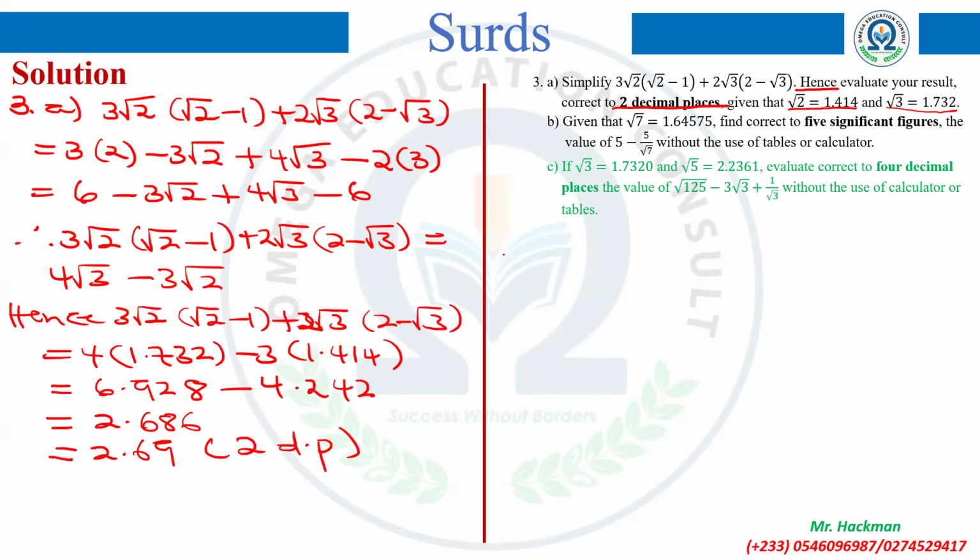So the last question, which will be the P. Once you see it in green, you've been given the green light, you know where possibly you will find it. So take note. All right, so with this one too, you've been given this, and you are asked to correct to 5 significant figures. This one is even bold, so you can choose what to underline. So what am I supposed to evaluate? It is this that I'm supposed to find its value without using a calculator. So this is a very important information. So I will go for 5 minus 5 over 7.